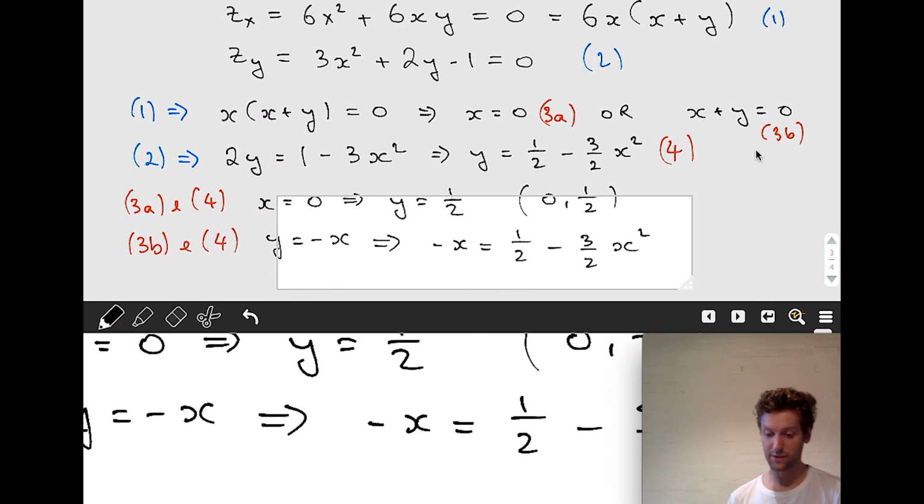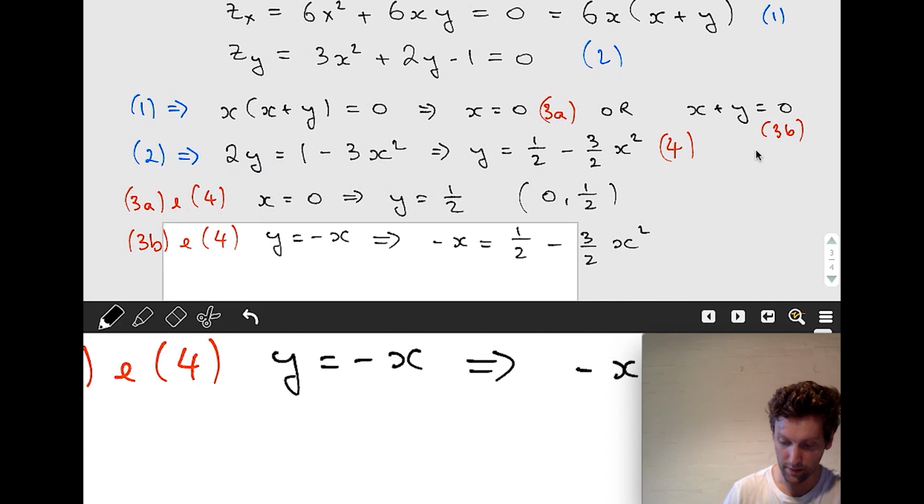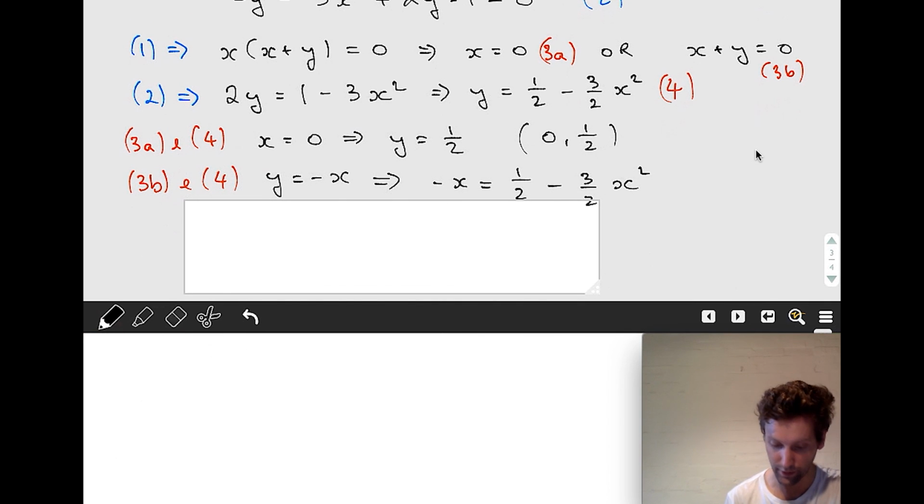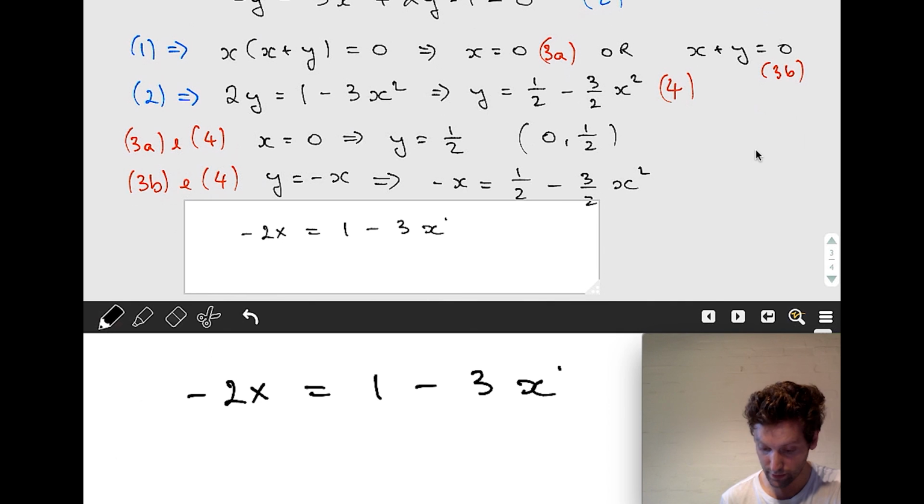It's a quadratic expression. So let's solve that quadratic. I guess I have to multiply up by the 2 again, so that's going to give me minus 2x is equal to 1 minus 3x squared. Bring that 3x squared over to this side.